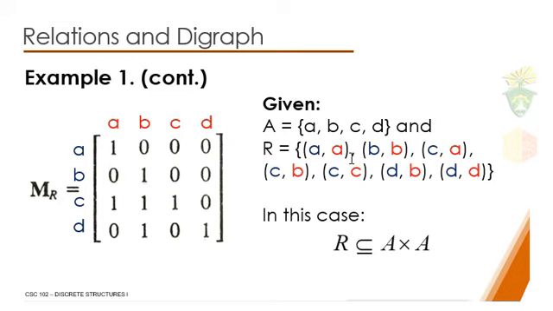Yes. How about D related to B? 1 here, it is given. And then D, D is also there. So in this case, since we only have one set given, R is a subset of the Cartesian product of A and A, or A cross A.